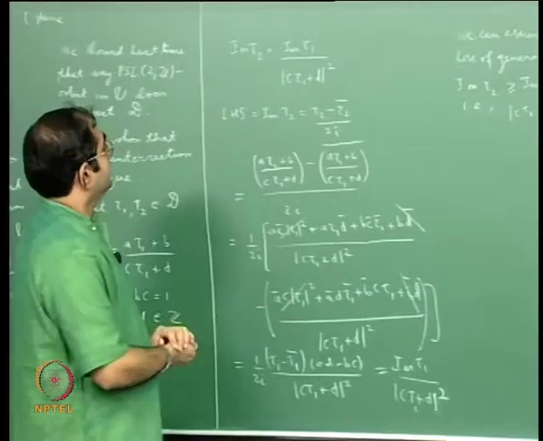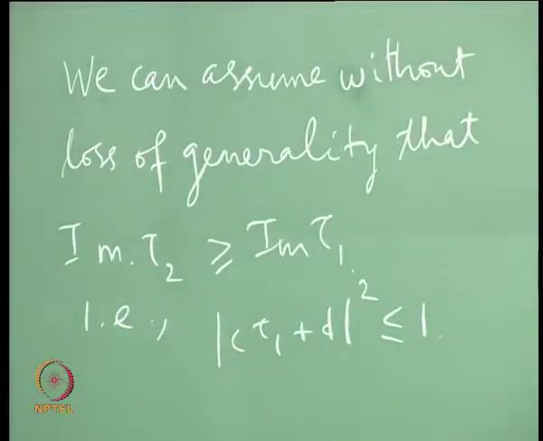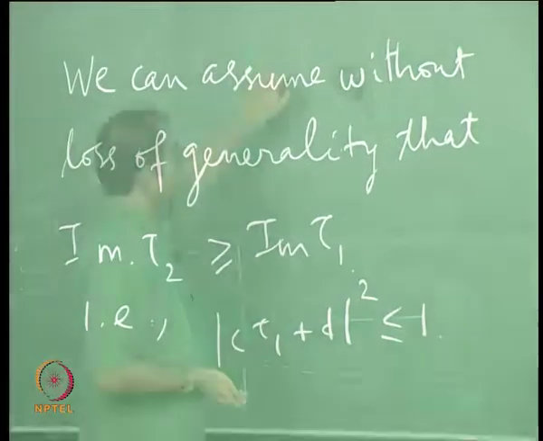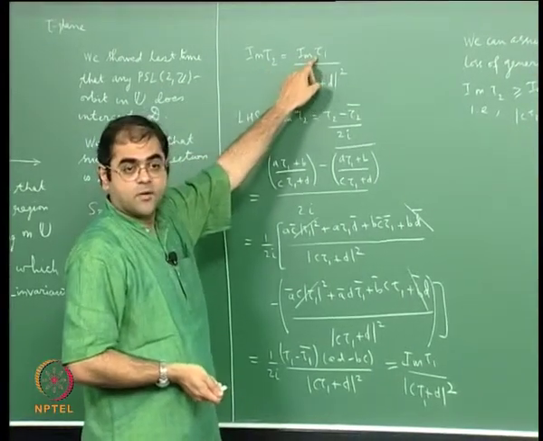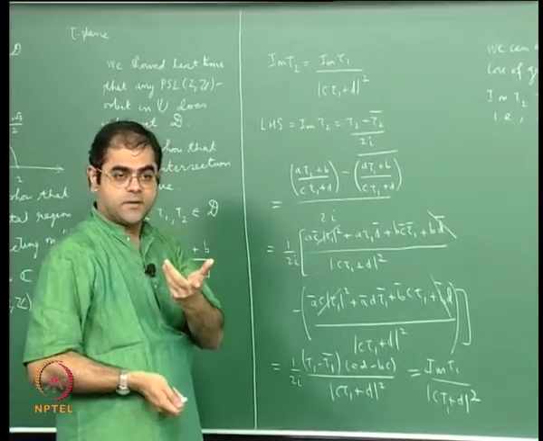Of course, what will happen if the imaginary part of tau 2 is lesser than the imaginary part of tau 1? You just interchange the roles of tau 1 and tau 2.